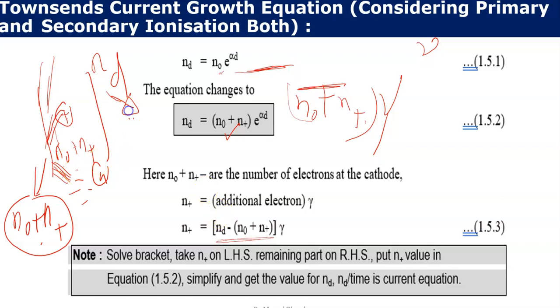That will be Nd, the last electrons which are higher, minus the initial electrons N0 plus N plus. Definitely these Nd minus N0 plus N plus electrons are liberated from the gas molecules. That many electrons liberated means that many positive ions are there, and these will collide with the cathode, so into gamma will be the total electrons liberated from the cathode surface.